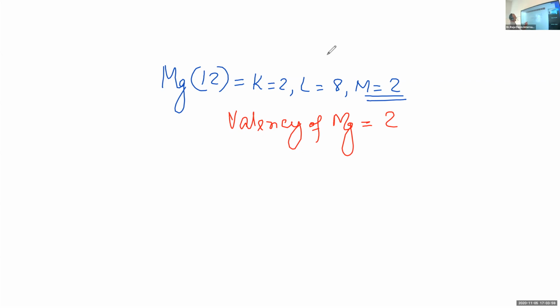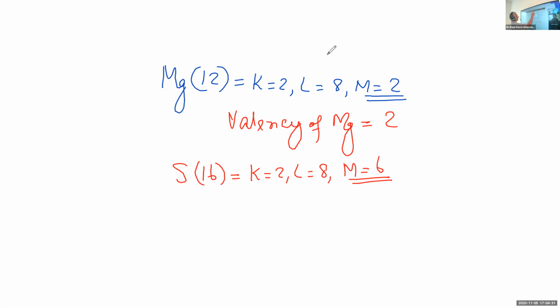Similarly, you take sulfur. The atomic number of sulfur is equal to 16, and there are 16 electrons. You distribute the electrons as K shell is equal to 2 electrons, L shell is equal to 8 electrons, and M shell is equal to 6.